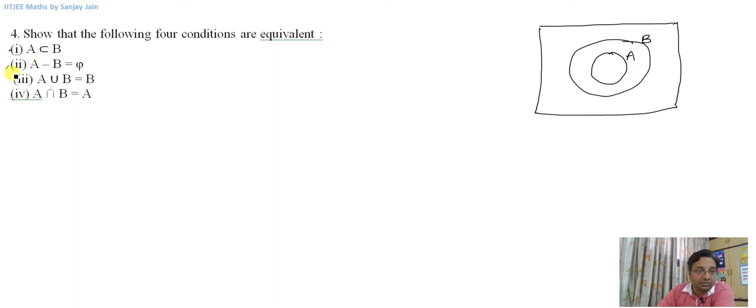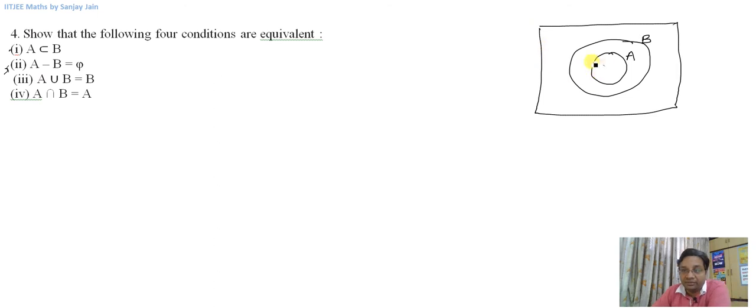Now I need to check this second statement. A minus B is phi. What does it mean? What is the difference of sets A minus B? Every element that is there in A but not in B, right? So if I talk about a general element X, then I'll say X belongs to A and not B.